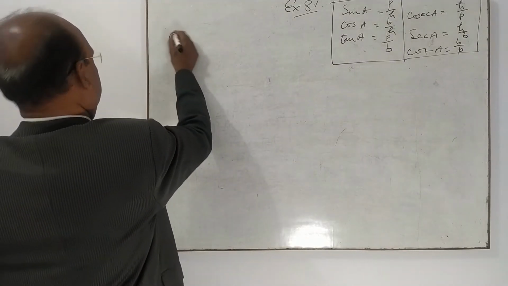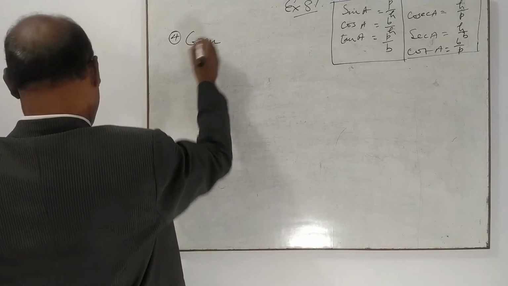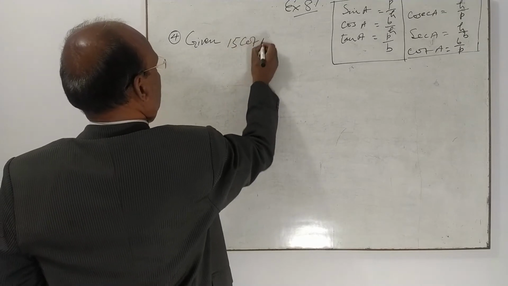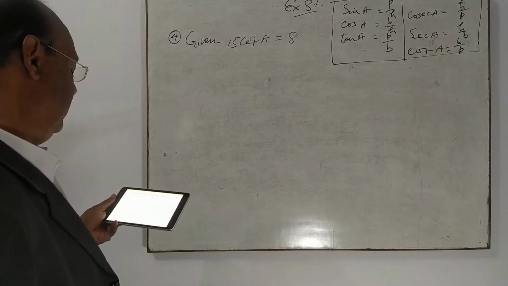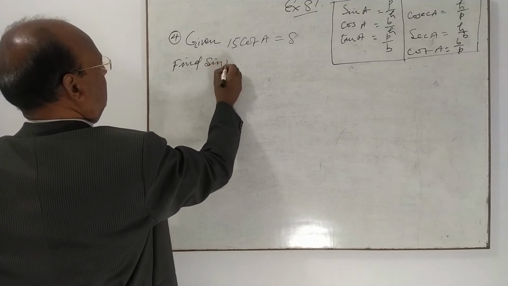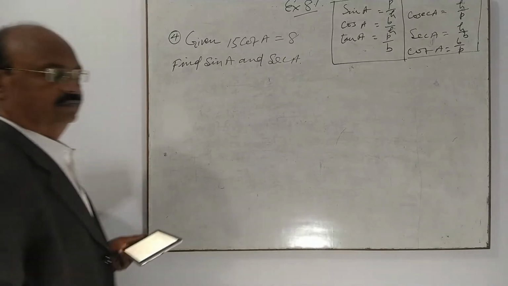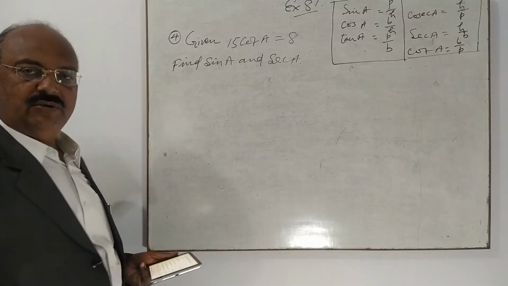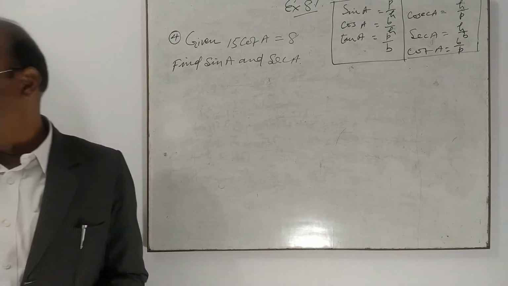Question number 4. Here it is given 15 cot A is equal to 8. Find sin A and sec A. The same process which we used in the last question, question number 3, we can use in this question also.